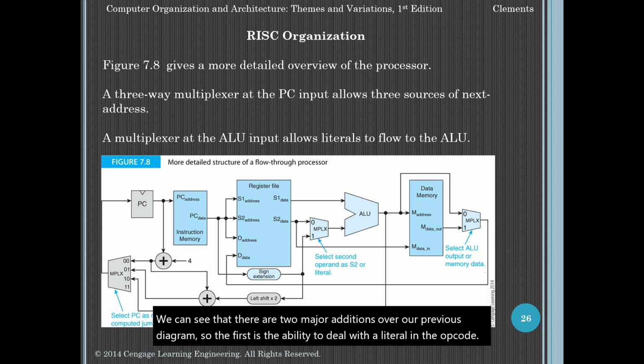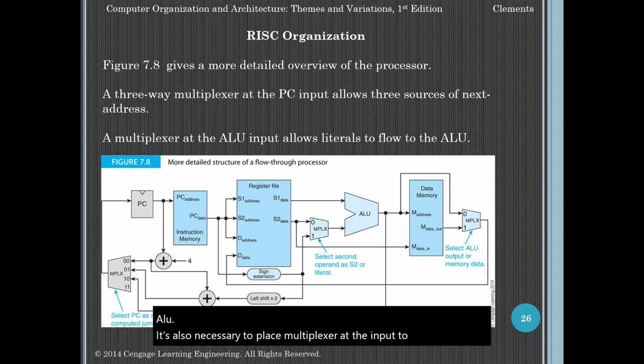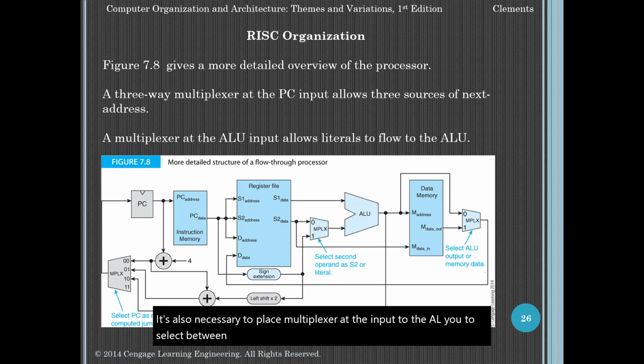And because this literal is only 12 bits wide, it has to be converted to 32 bits before being used by the ALU, which requires a sign extender block in the path between the literal field in the opcode and the ALU. It's also necessary to place a multiplexer at the input to the ALU to select between the S2 operand from the register file and the literal.